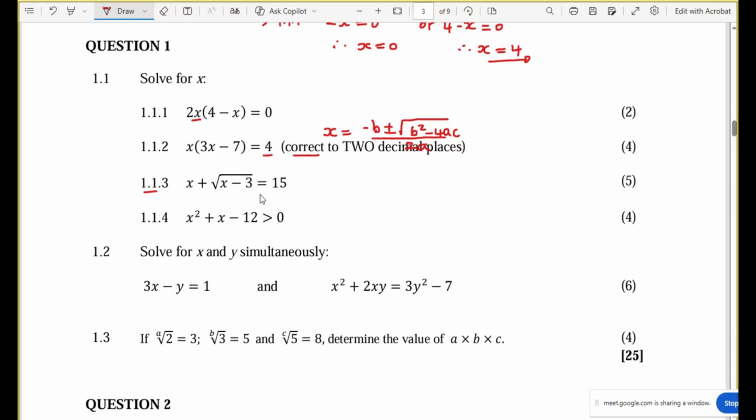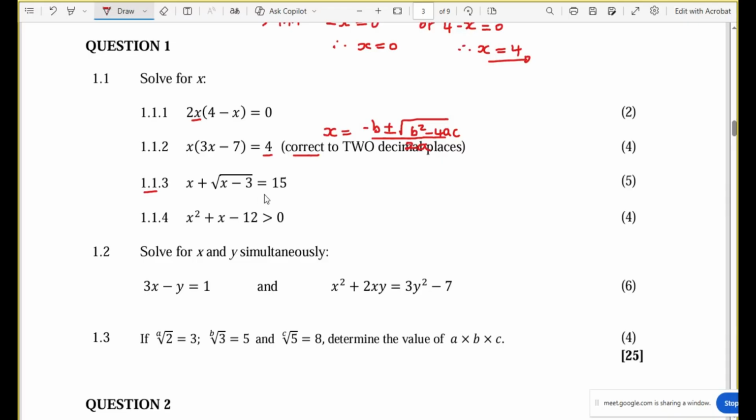Okay, so when you transpose x to the other side, what happens to the sign of that x? It changes and becomes negative. Exactly, the sign changes to negative. Let's go and work on that.